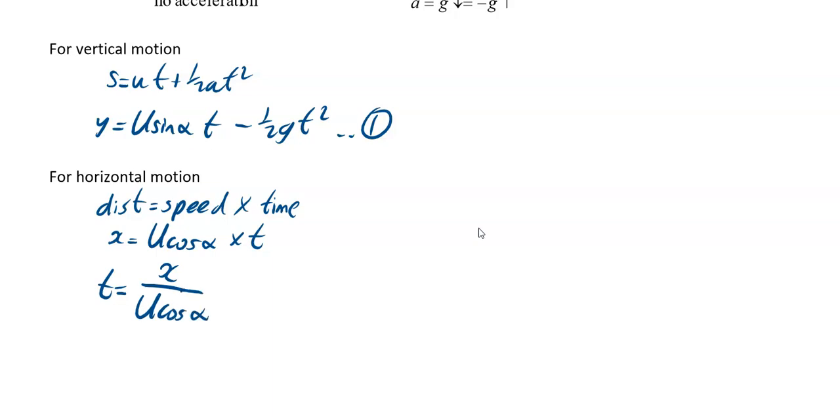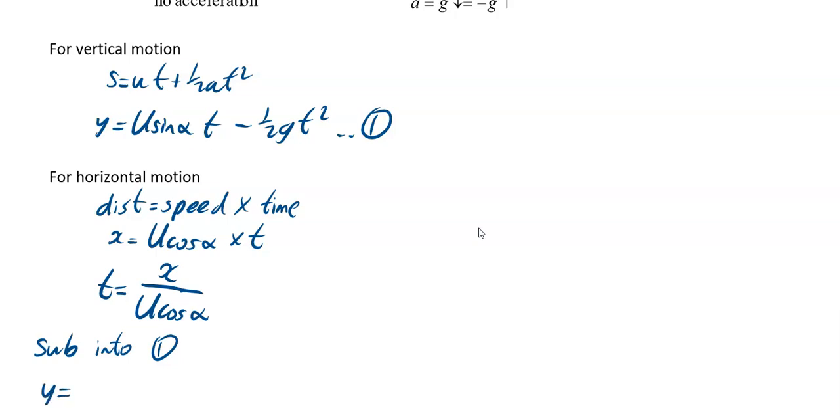Now what we're going to do with that is substitute that into equation 1. So we're just going to say sub into equation 1 and see what we're going to get. So your equation 1 is going to become, so everywhere you see t in equation 1, you're now going to replace it with x over big U cos alpha.